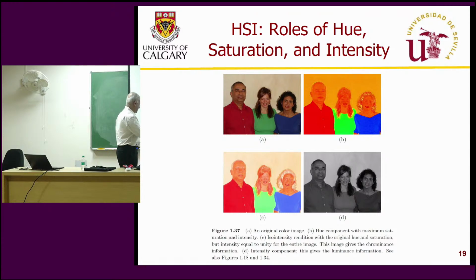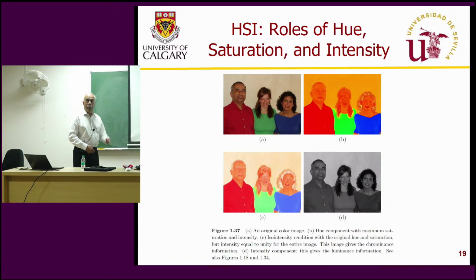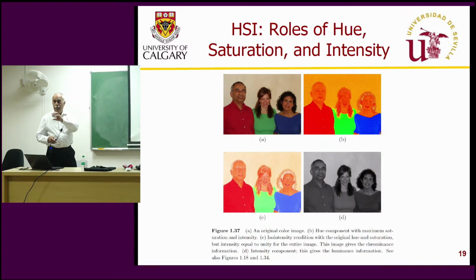Whatever that color is, saturated rather. This is iso intensity rendition with original hue and saturation. The intensity is maximum, and the original values of the saturation. And the last one is just the intensity component, grayscale. So in this way you can extract different types of images depending upon which part is of interest: intensity, hue, saturation.